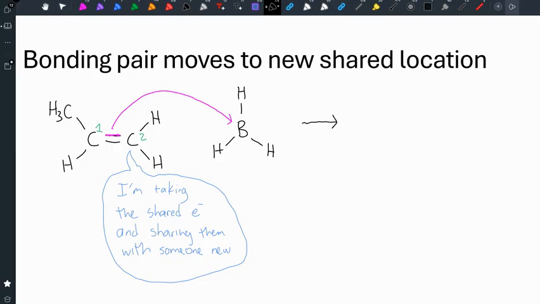So what do I get here? Well, my CH3 group over here still stays the same. I still have carbon 1, but carbon 1 is being left high and dry now. It's going to have a positive charge. Carbon 2 still has its two hydrogens, but now it's bonded to boron as well.